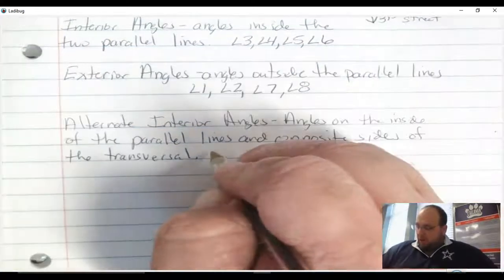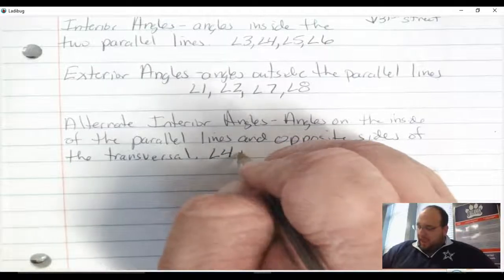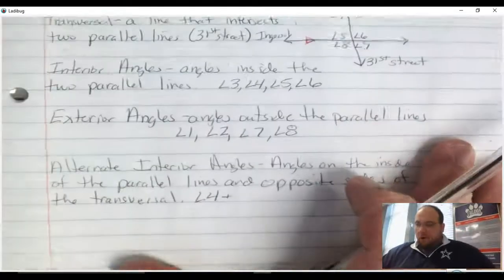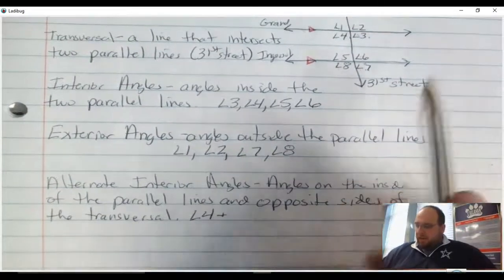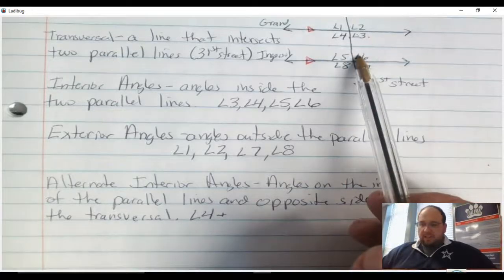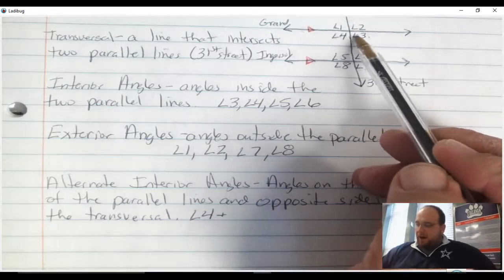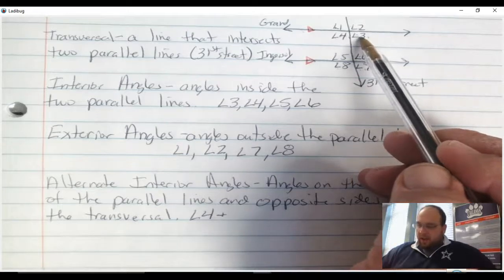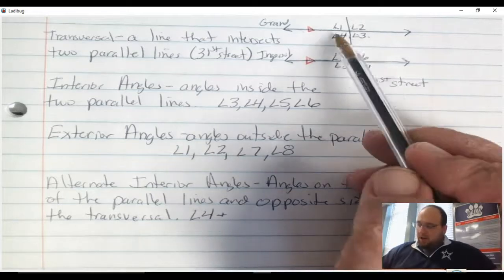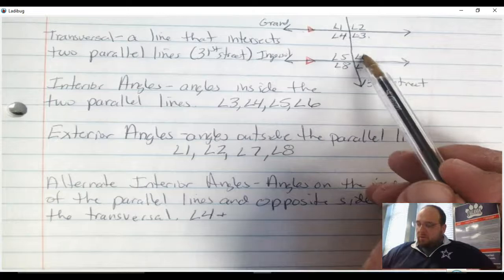Angle 4, and the pair with angle 4, so if I slide it up real quick, again, angles 3, 4, 5, and 6 are the interior angles. So alternate interior angle 4 is paired on the opposite side of the transversal line, down here. We don't want the adjacent angle, we want the one down here.